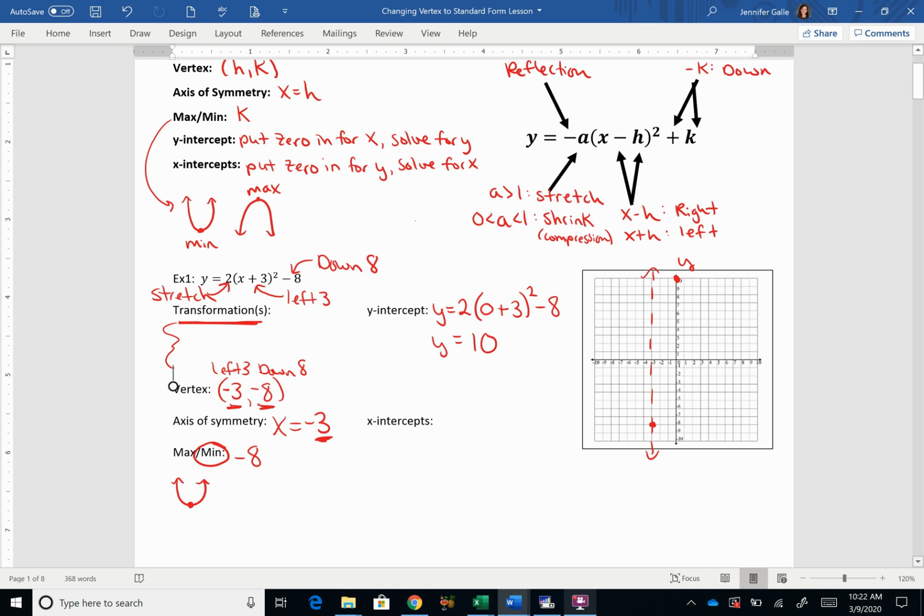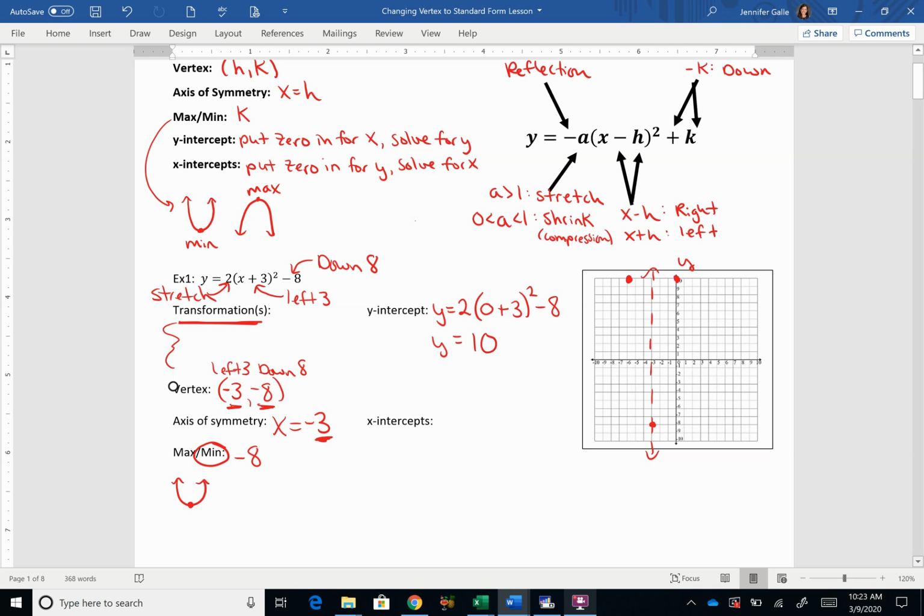So if I have a point over here on the right side at 10, that's 1, 2, 3 spaces from that axis of symmetry. I'm going to have a point on the other side, 1, 2, 3. So we're doing very little work. So far, we've got 3 points already on our graph.